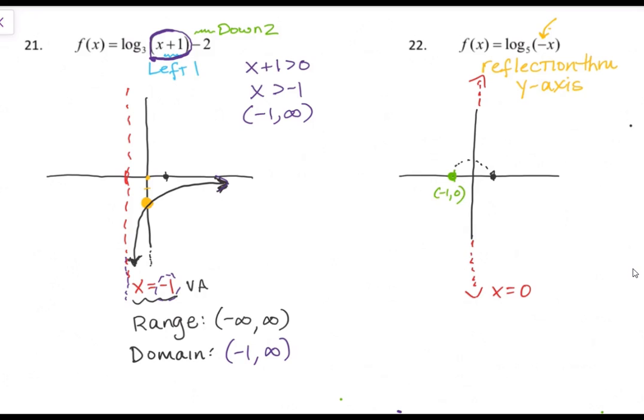And then what I want to do is think about the shape and how that's going to be reflected. If you think about what the shape is in the basic shape, let me just sketch it in here, just a little bit of it.